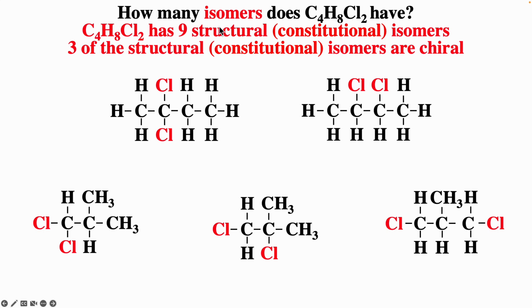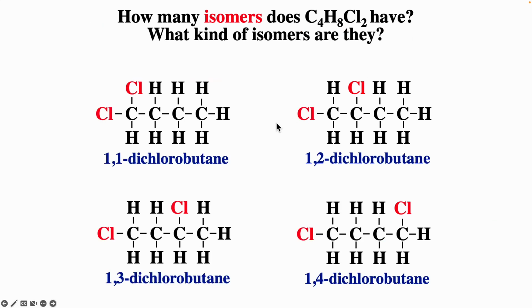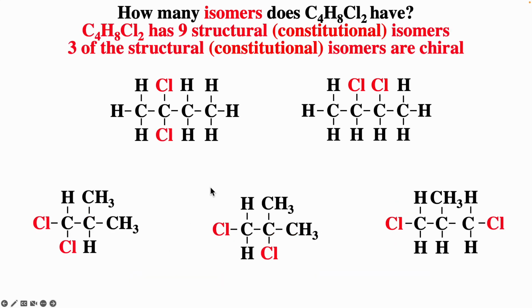Now 3 of the structural isomers are going to be chiral. If we look at those again, this carbon here has 4 different groups attached, so it's going to be optically active. This carbon here has 4 different groups attached, so it's going to be optically active. So that's 2.